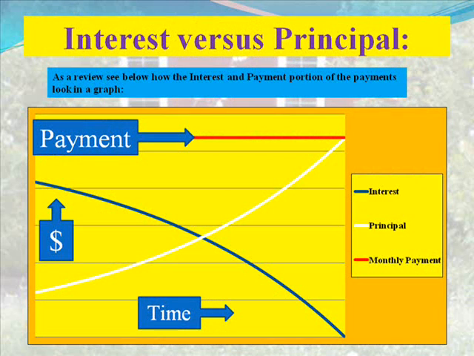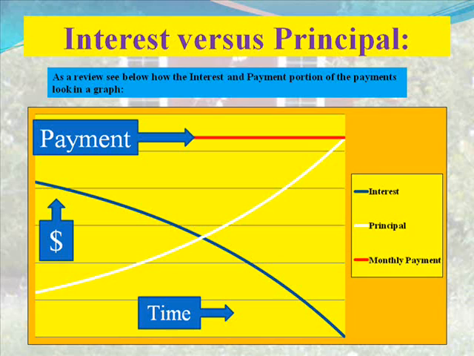Interest versus principal. As a review, see below how the interest and payment portion of the payments look in a graph. See how the payment is that red line, just goes straight. It's a fixed monthly payment, as we talked about. And how the principal, which is the white line, portion of the payment slowly and gradually goes up.